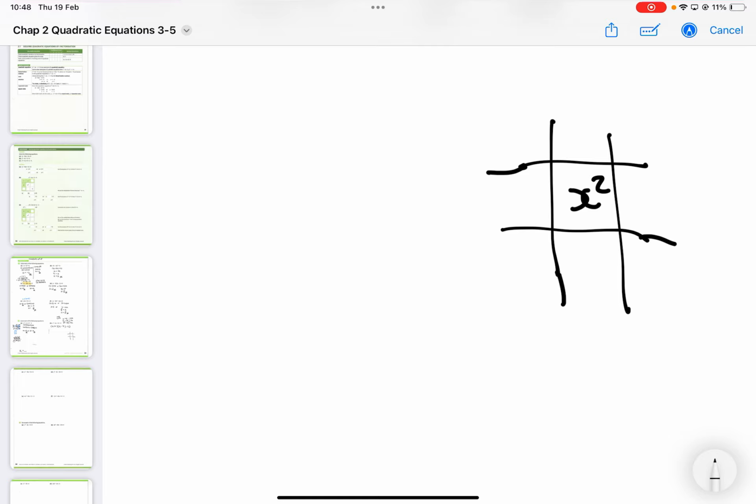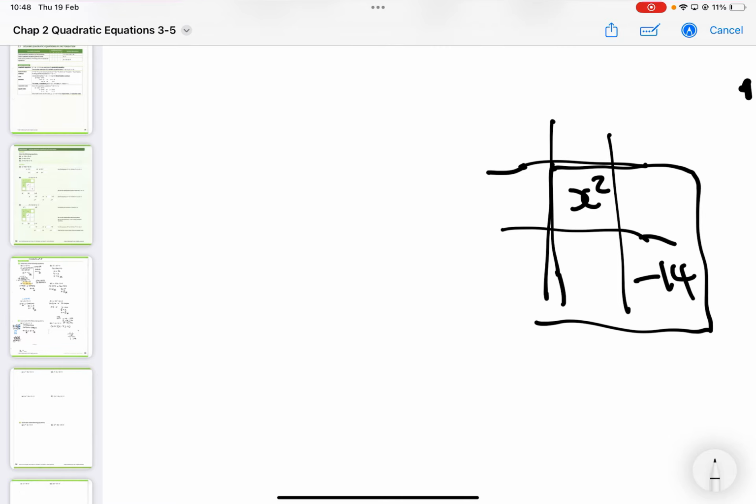If you don't remember, you see x squared, I have an x squared, I have a minus 14, it's like the area of a square. So this length is x, this length is x, that's why x times x, this area is x squared. Then this length times this length will give me this.